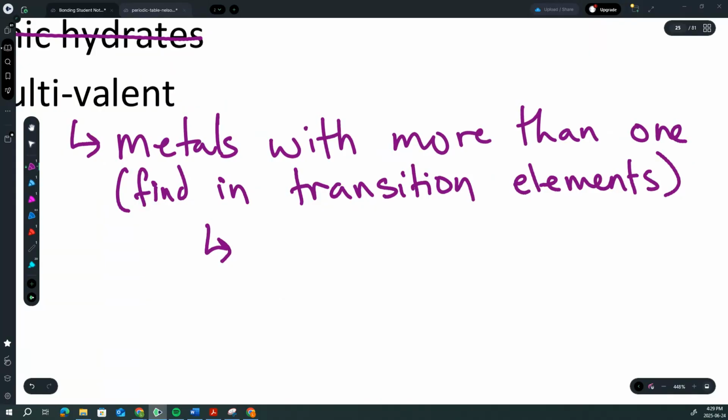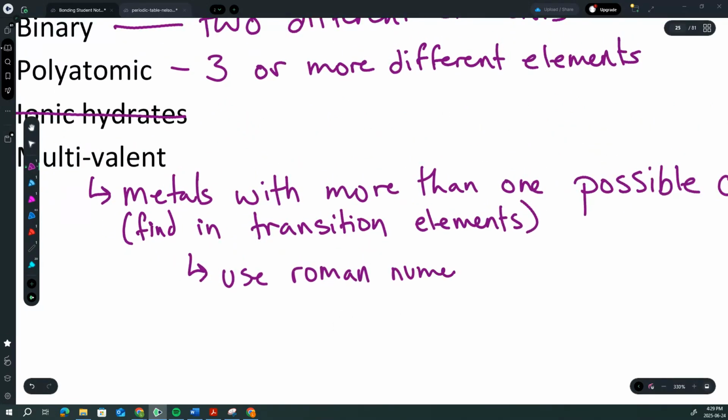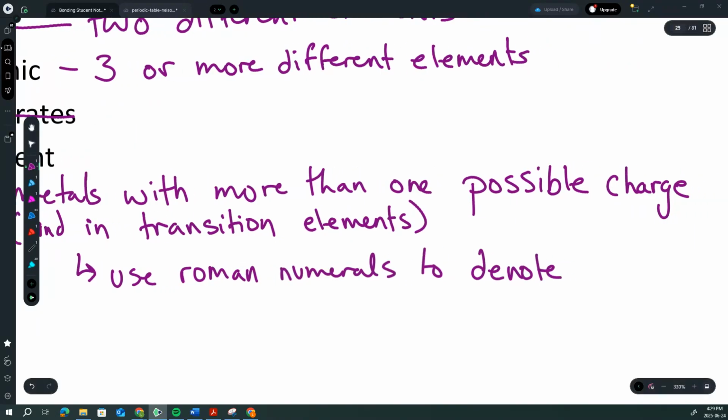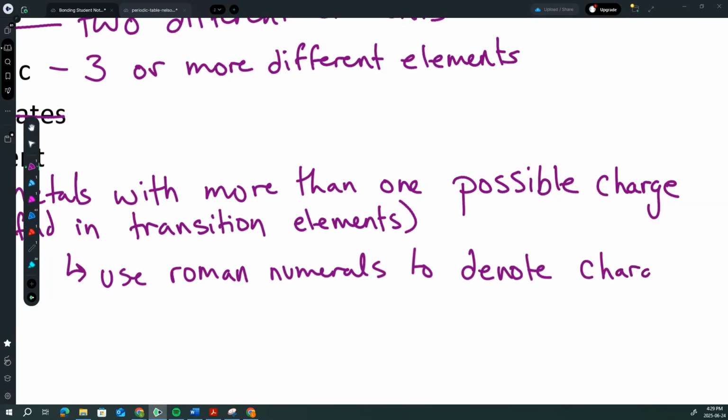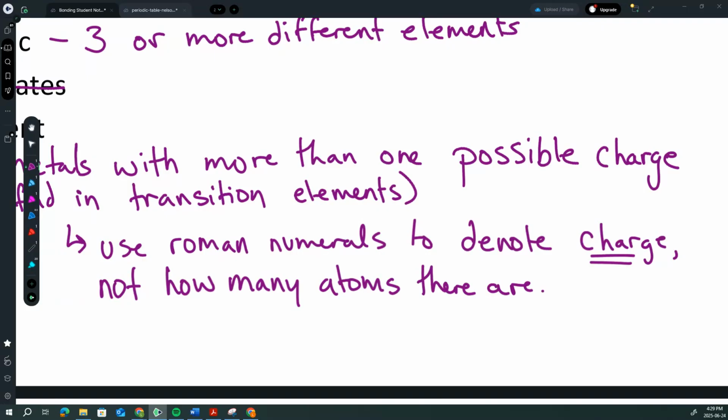Okay, and then one last reminder here is you use Roman numerals to denote charge or to represent charge. Not how many atoms of that metal there are. So that's very critical. That's a common misconception.